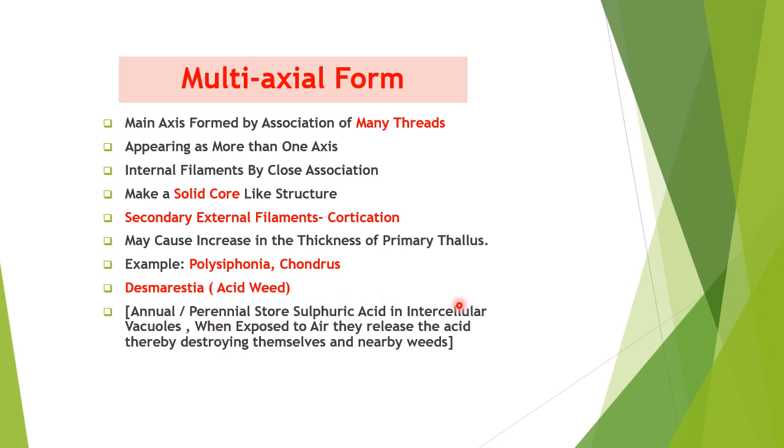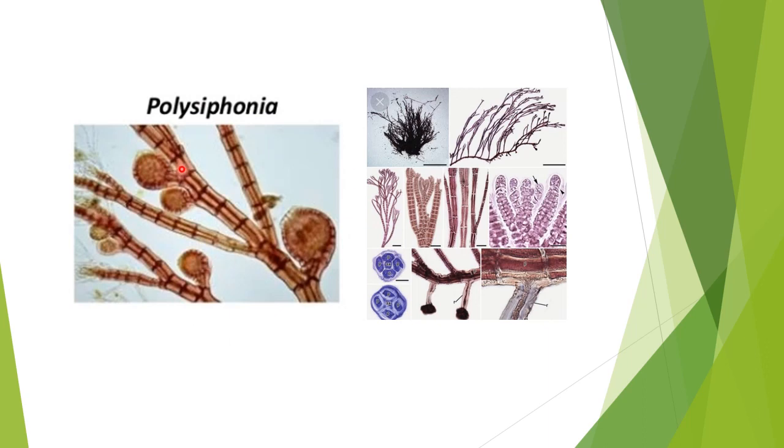But once it is exposed to air, in a suicide mission, they release the acid, thereby destroying themselves and the nearby weeds. That is also a multi-axial form, formed by association of many threads together. It is how Polysiphonia appears.